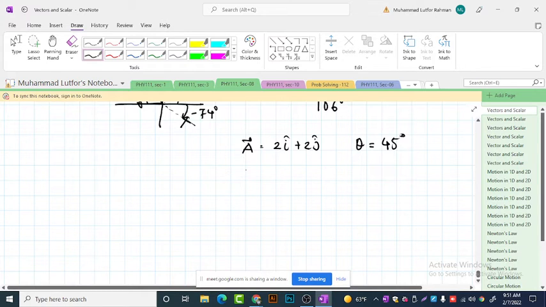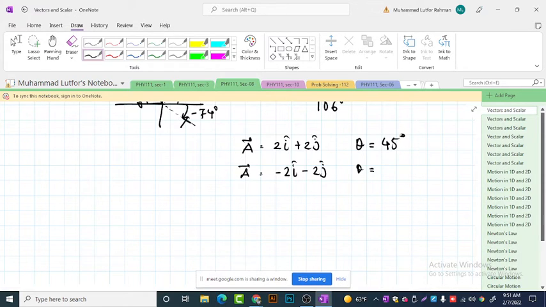If I say the vector is minus 2i and minus 2j, what would be that angle? That would be 45 degrees also, but toward the negative direction of the y-axis. If we calculate from the negative direction of the y-axis to the resultant, then it will be 45 degrees.